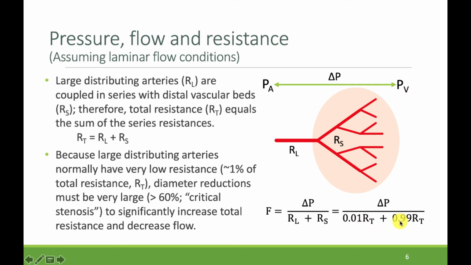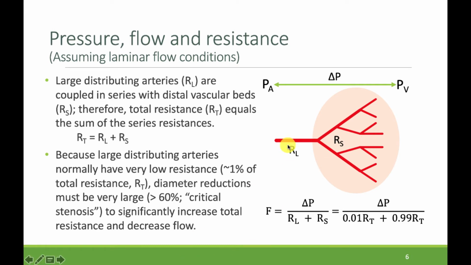And if you add that to 0.99, you'd have 1.15 times total resistance, meaning that the total resistance is only increased by 15% when you have a 16-fold increase in the resistance of the feed artery.